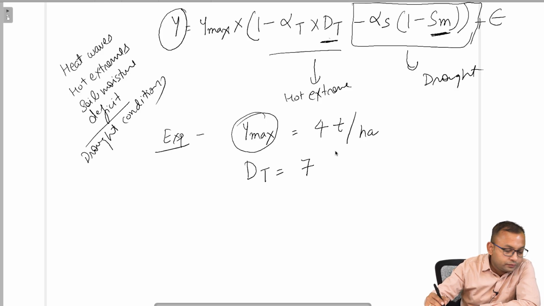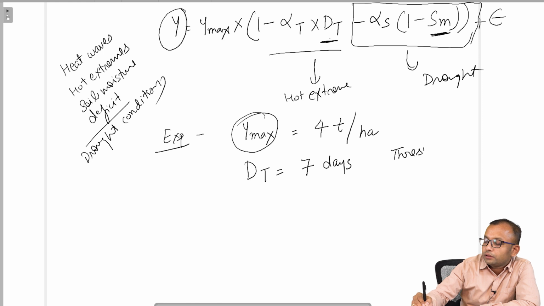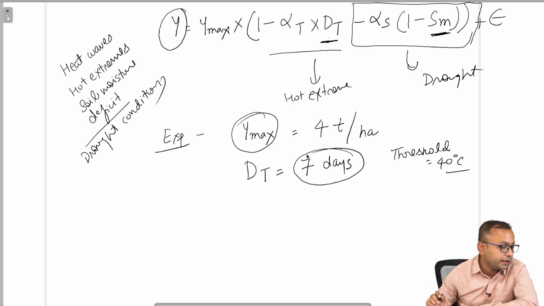We have drawn the threshold, maybe 40 degrees centigrade, and above it we found 7 days crossing this threshold.